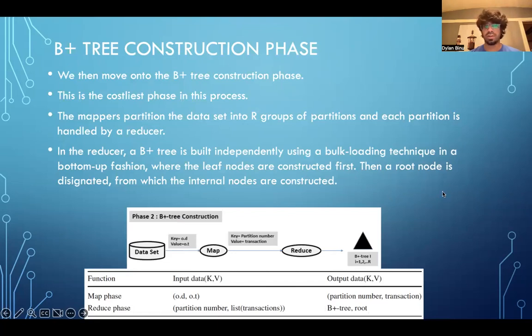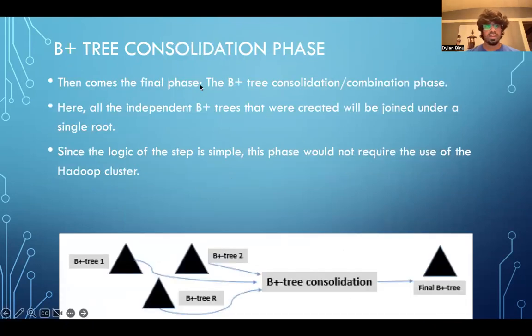And as I mentioned earlier, this is the costliest phase. All right, so this is the B plus tree consolidation or combination phase. All that happens here is all the mini B plus trees that were formed from the multiple reducers are now going to be formed into one single final B plus tree.